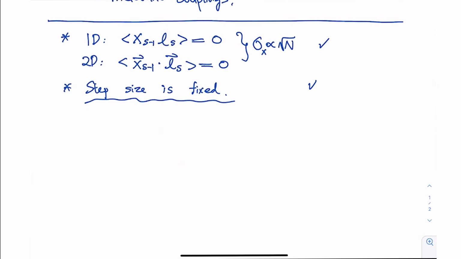And it turns out that once we relax this fixed step size constraint, we need to make some approximation in order to proceed. But this approximation is very valuable for us because it can show how we can connect from a microscopic understanding to a macroscopic description.